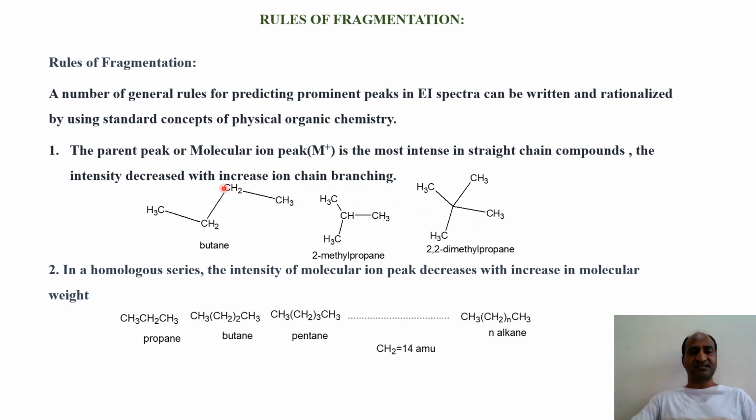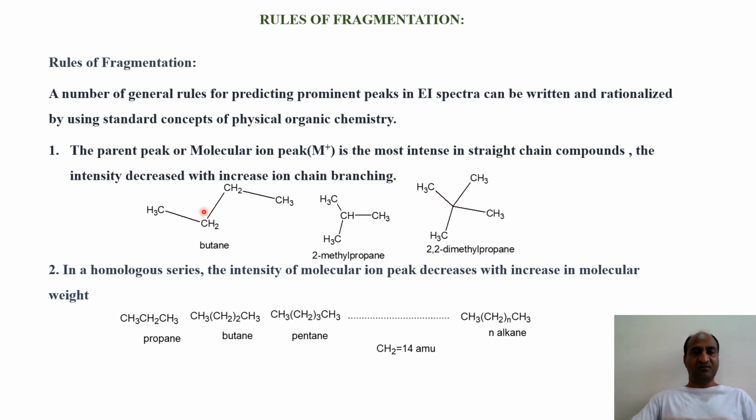You can see here three examples: butane, which is a straight chain, then 2-methyl propane, then 2,2-dimethyl propane. This is n-butane, a straight chain. Here branching is there. Here further branching is there.